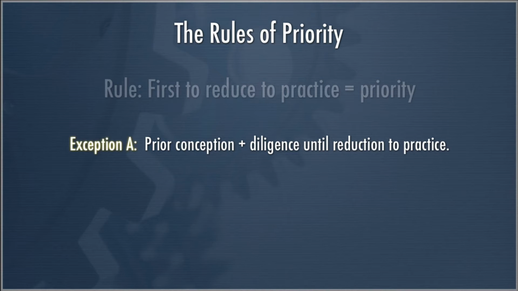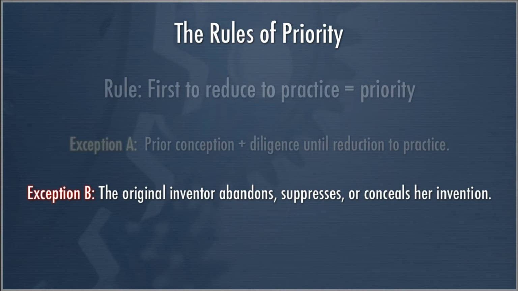So a prior conception with reasonable diligence until they reduce to practice can defeat somebody who reduced to practice before. And the other exception is that even if you were the first to reduce to practice, if you abandoned, suppressed, or concealed your invention, then you do not get priority.